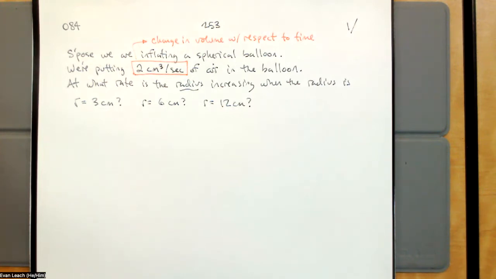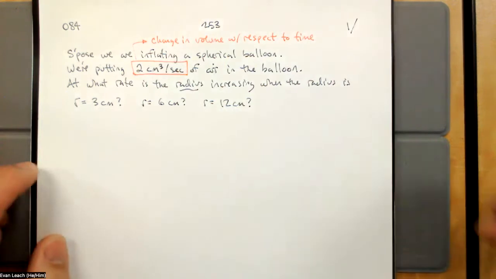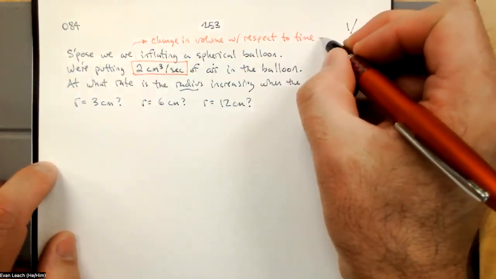Putting a constant 2 cubic centimeters of air into the balloon. We've got to name this. I'm going to use V for volume and t for time. So the name of this one will be dV/dt.